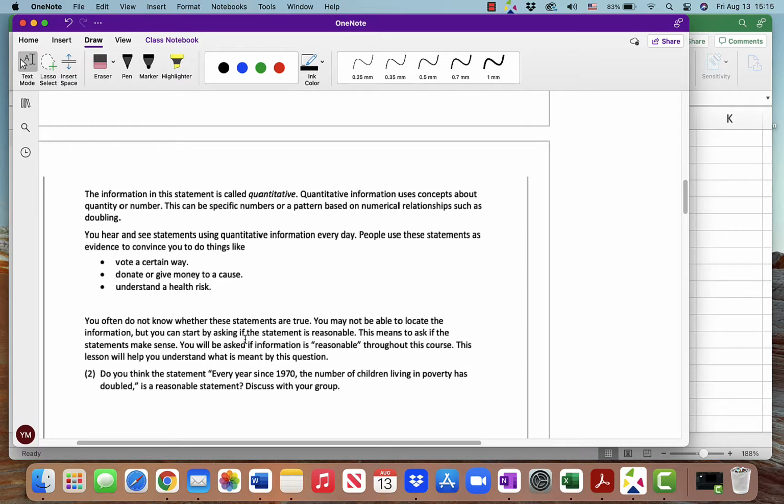So the information in this statement is called quantitative. Quantitative information uses concepts about quantity or number. This can be specific numbers or patterns based on a numerical relationship, such as doubling.